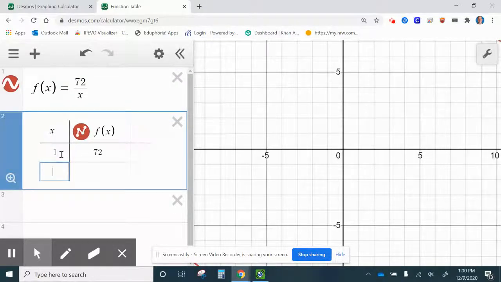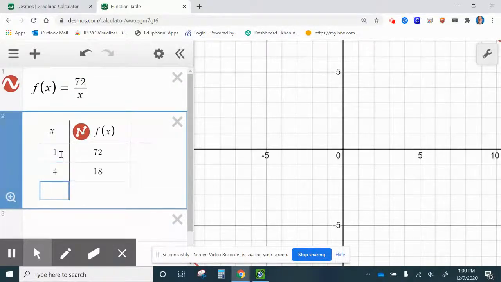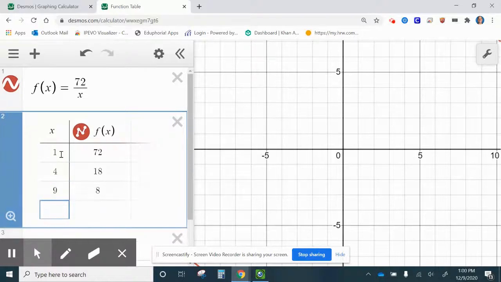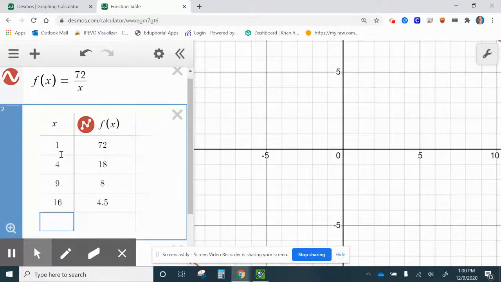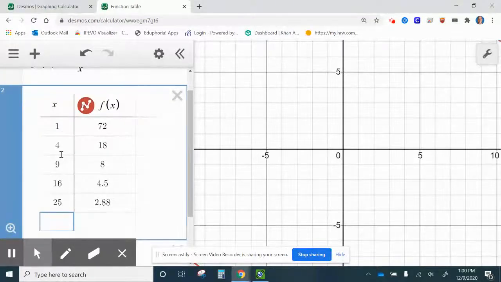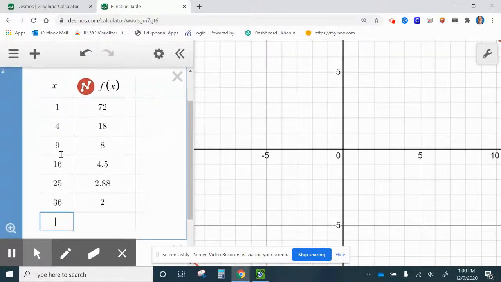So 1 doesn't help us. 4 works, it reduces it, but let's see if we can go further. So let's try 9. 9 goes even further, and let's try one more. Let's go to 16. 16 doesn't work. Let's try 25. Let's try 36. 36 is the best. That's as reduced as it's going to be.